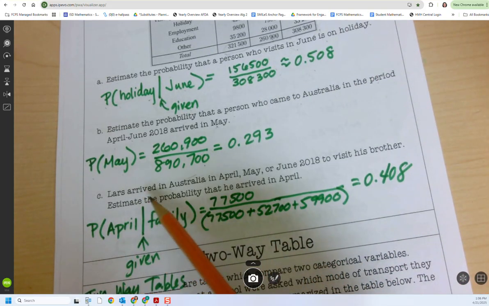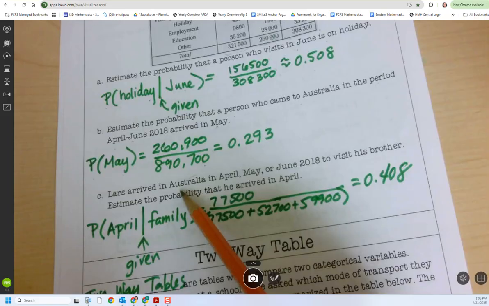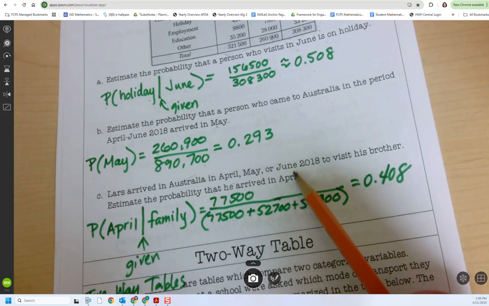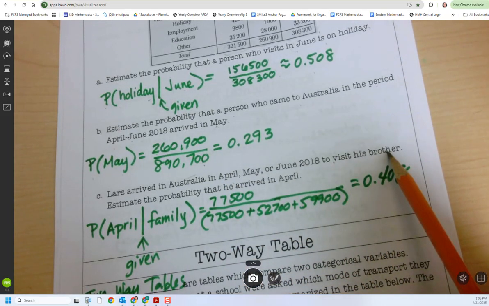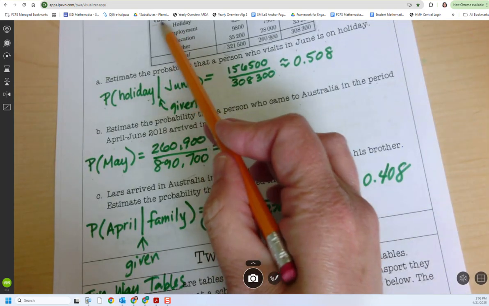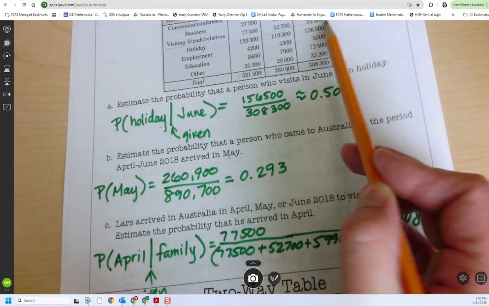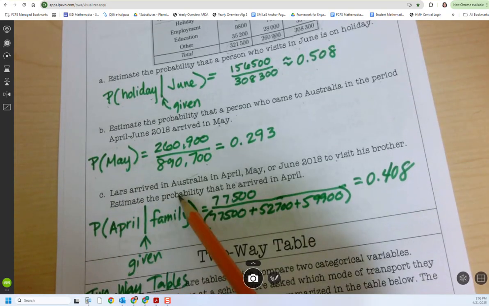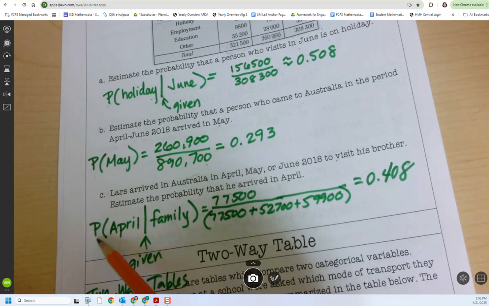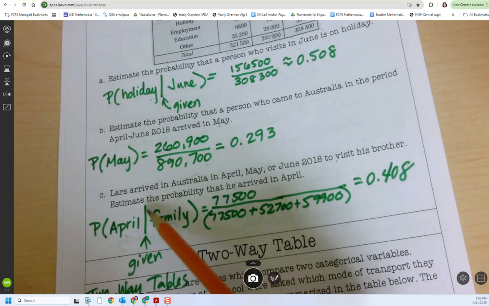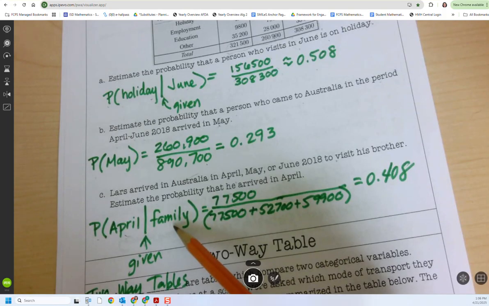Lars arrived in Australia in one of these months to visit his brother. So we know he was visiting family, so we're thinking about this line up here, visiting family. We want to know the probability he arrived in April. So this is the probability he arrived in April, given that he was visiting family.